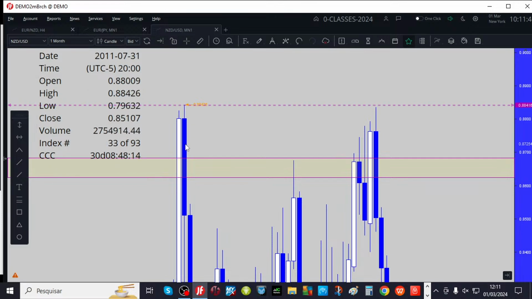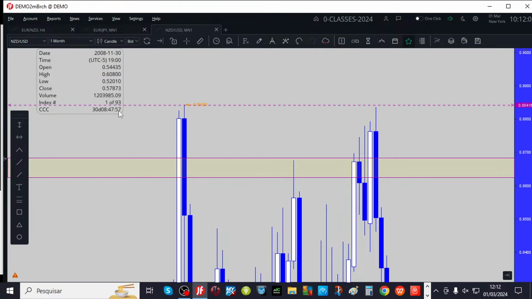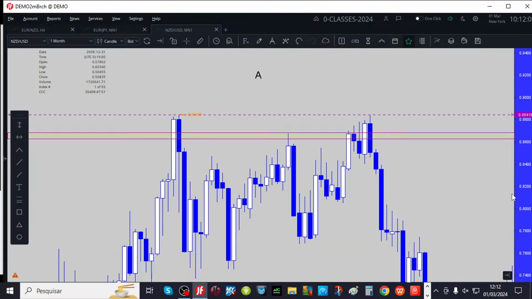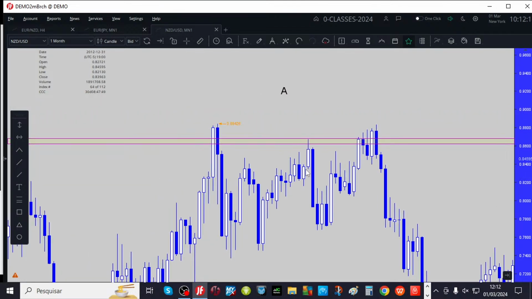First circle high, 0.88426. Second high, 0.8835. 8842, 8835. Alright, so at least on J-Forex, I don't know TradingView, maybe different, but on J-Forex the first circle is the correct answer, everybody.